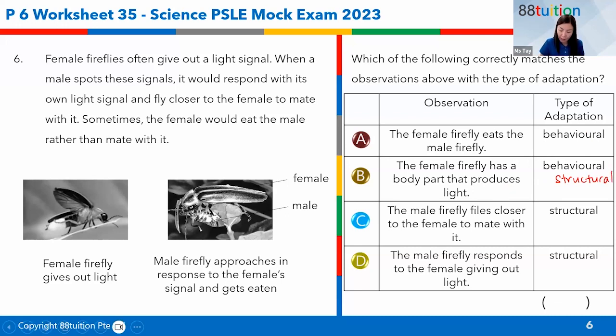It has a body part that produces light. Then, the male firefly flies closer to the female to mate with it. This is a behavior. And the last one, the male firefly responds to the female giving out light. Responding is behavioral. Answer is actually A.